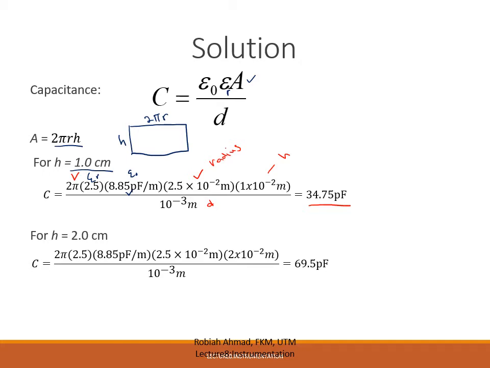Then if the h is changed to 2 cm, then we only need to change this value here. Right? All the other value are the same. Okay, so for 2 cm, it's like you multiply 2 with 34.75. So you get 69.5 picofarad.